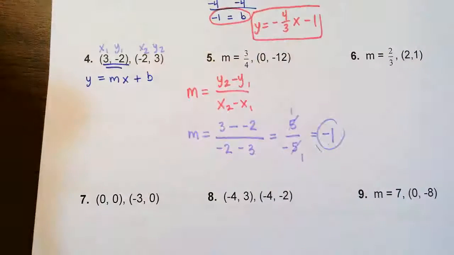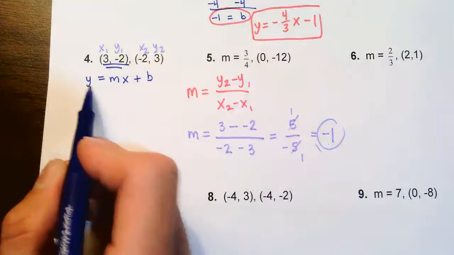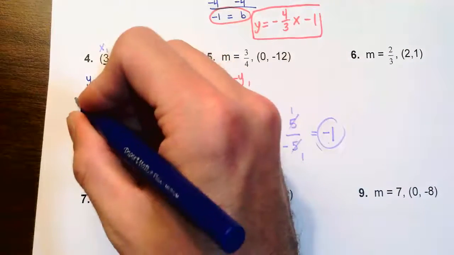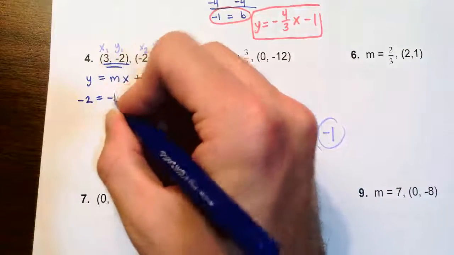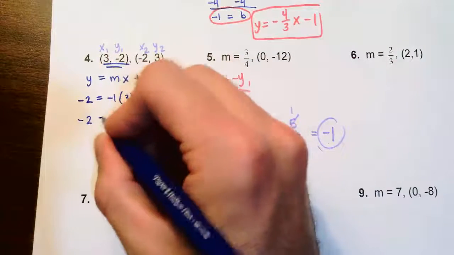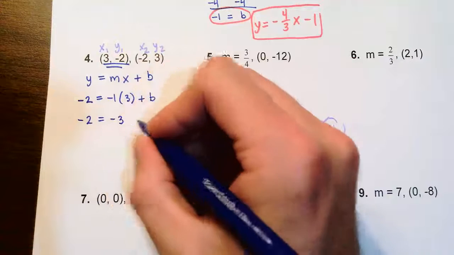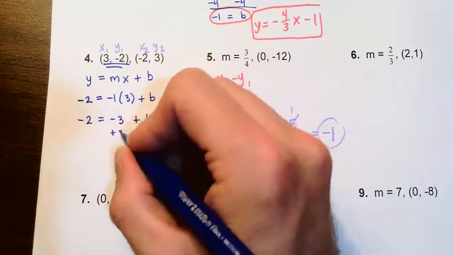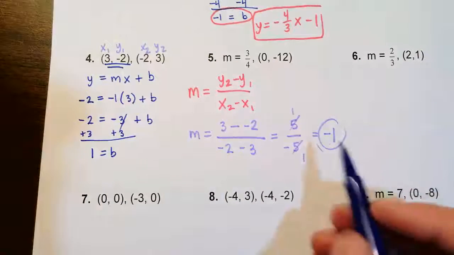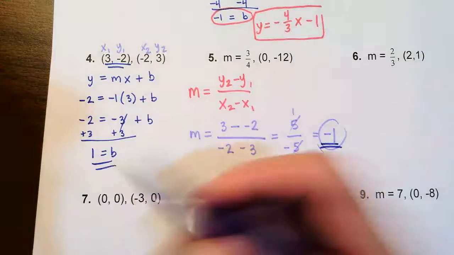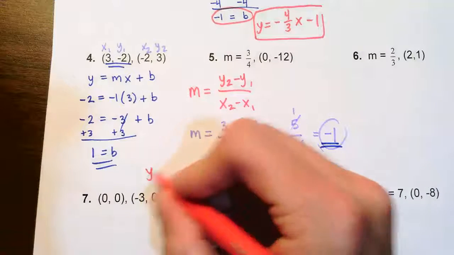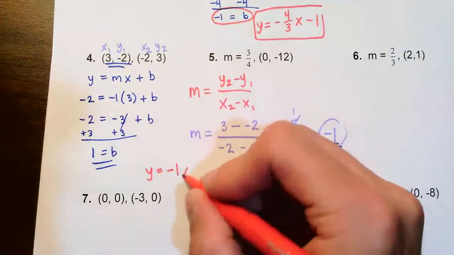That will let me solve for b, because I'll have m, x, and y filled in, and the only thing missing will be b. A little bit of simplifying here. Negative 1 times 3 is negative 3 plus b. Add 3 to both sides. It gives us 1 is equal to b. Now we have our slope and our y-intercept, and we can write the equation of the line: y equals negative 1x plus 1.